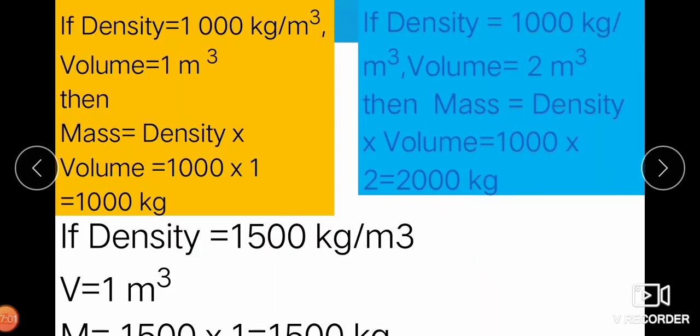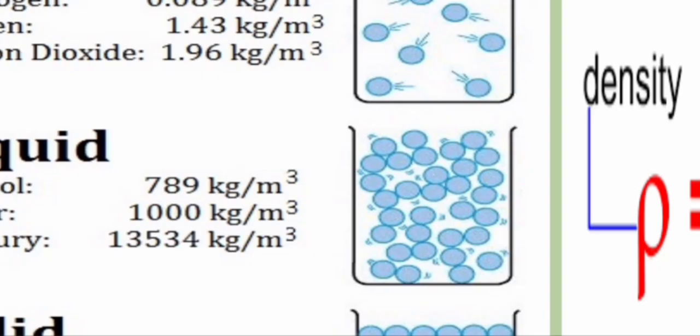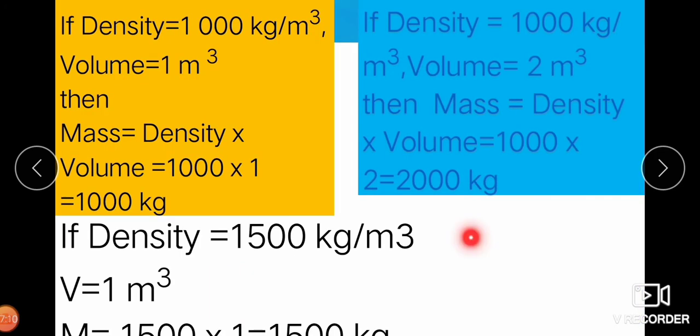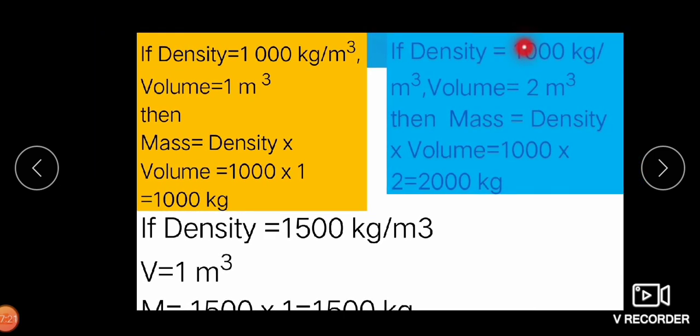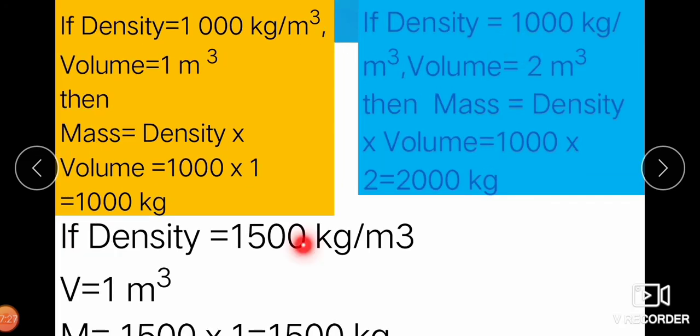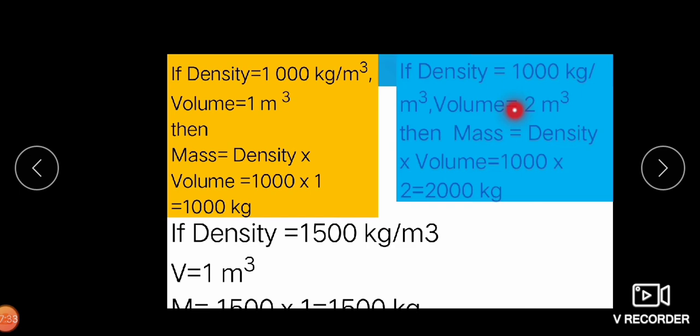If the density of some other substance, oil or any given substance, is 1500 kg per meter cube and volume is 1 meter cube, then how much will be the mass? Use the formula density is equal to mass upon volume, then mass is given by density into volume. Put the values of density and volume. 1500 multiplied by 1 is 1500 kg.